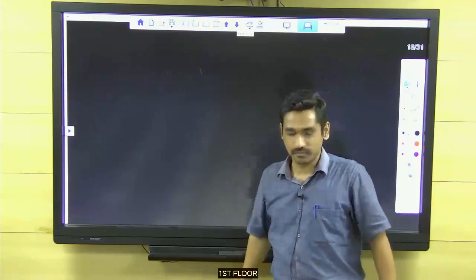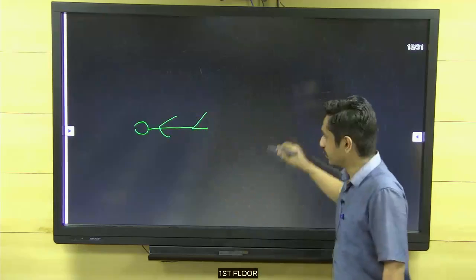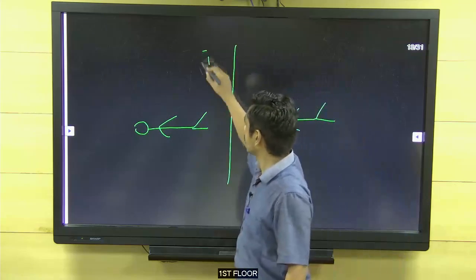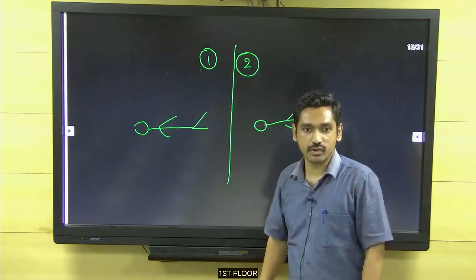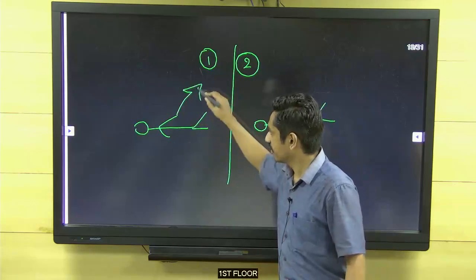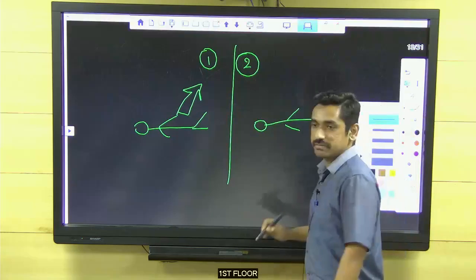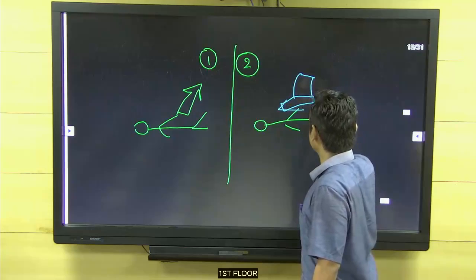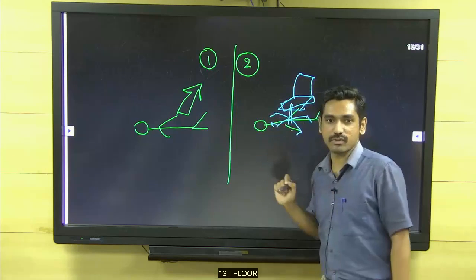Solid-liquid transition, no? This is you lying down. This is also you lying down. Condition 1, condition 2. First condition, I am not placing anything on you. I am asking you to get up. Second condition, I am taking this chair and placing this chair over you.